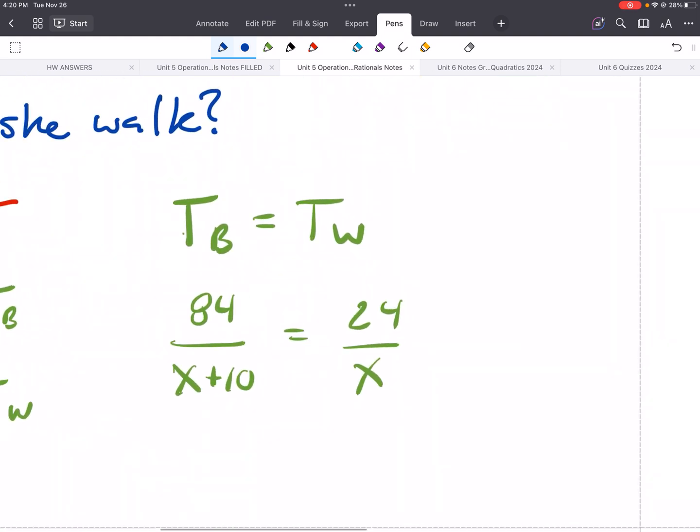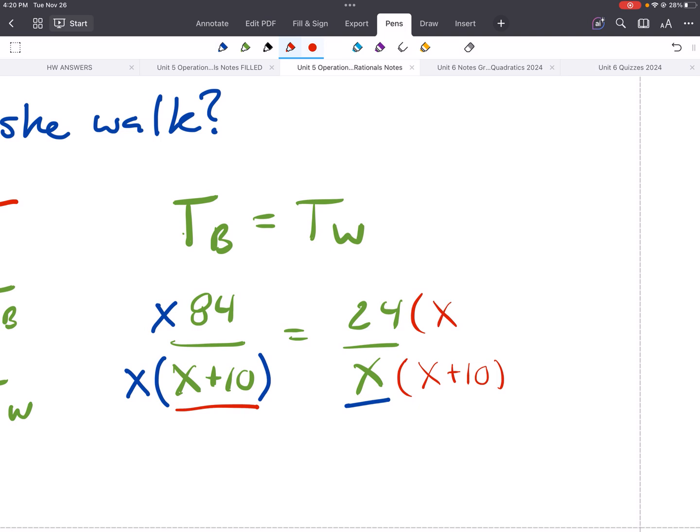So we need to have a common denominator. So let's maybe look here. We have an x, but we don't have an x here. We have an x plus 10. So we would need to multiply top and bottom by x. And then let's look at the x plus 10. We don't have one of those on this side. So we would need to multiply top and bottom by x plus 10.